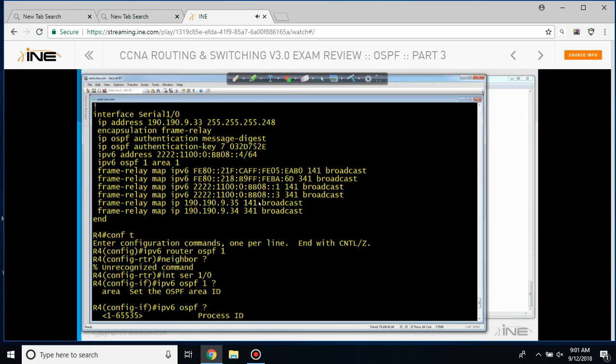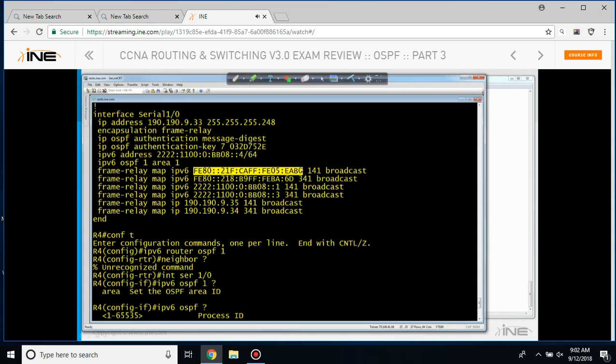Well, here I think is the logic behind this. We know that when you configure a neighbor statement in OSPF version 3, you have to point to your neighbor's link local address. And with IP version 6, just like we saw previously, whenever I tried to ping the link local address of a directly connected neighbor, what happened? The ping would say, you have to tell me what interface to use to send this ping before I can do anything. It got confused, because every single interface with IPv6 on it starts with FE80. So here's what I think.